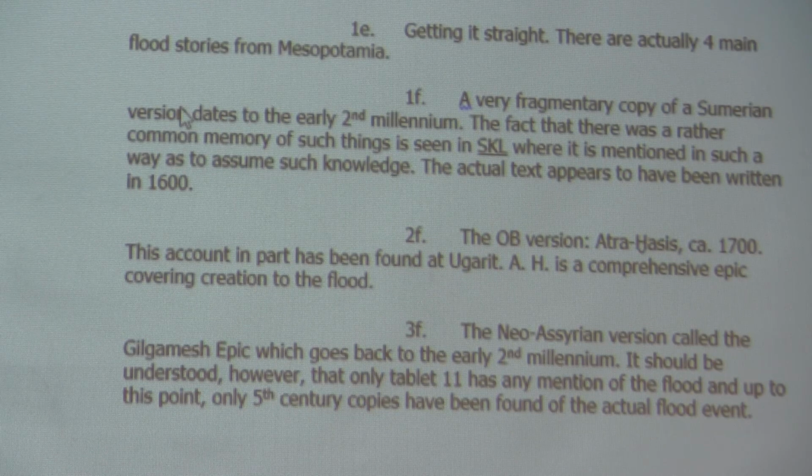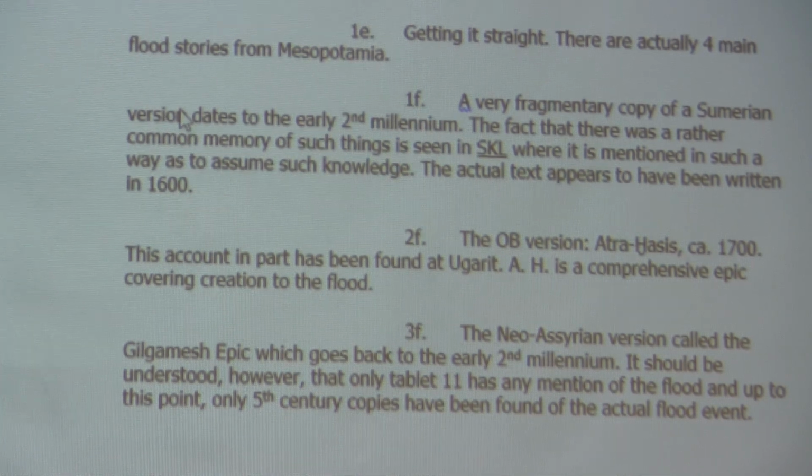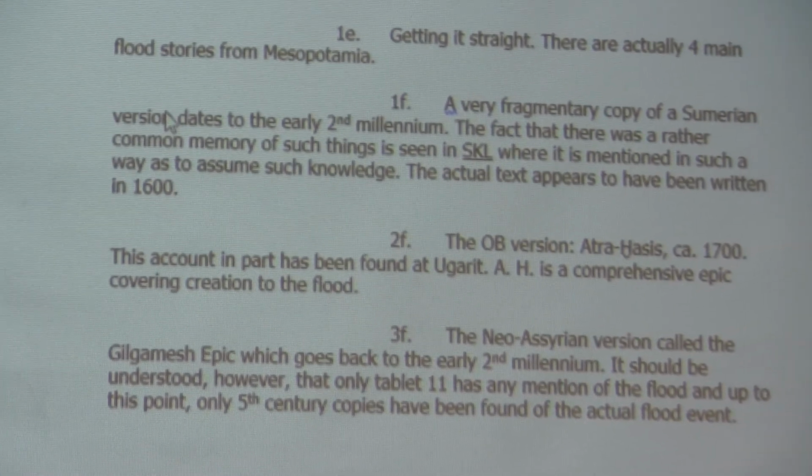The Neo-Assyrian version, called the Gilgamesh epic, goes back to the early 2nd millennium. It should be understood, however, in the famous Gilgamesh epic, that only tablet 11 has any mention of the flood.